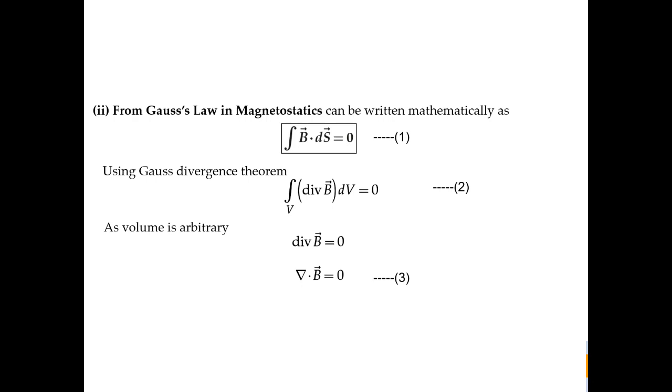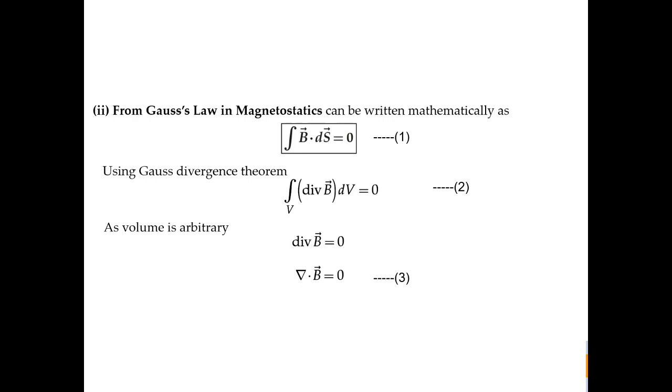So here B dot ds surface integral actually becomes divergence of B volume integral, and that should be equal to 0. Now we know that volume is arbitrary, so the integrand in equation 2 should vanish. In other words, divergence B equals 0, and that's our equation 3.